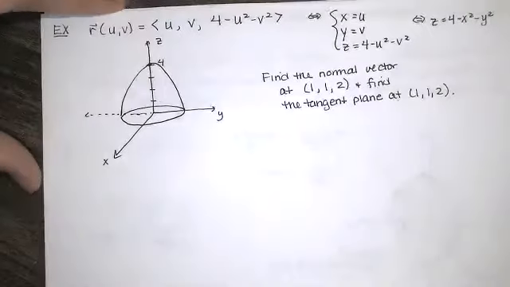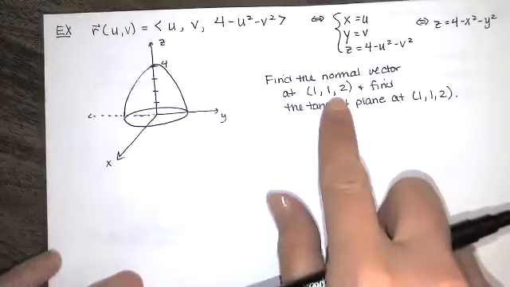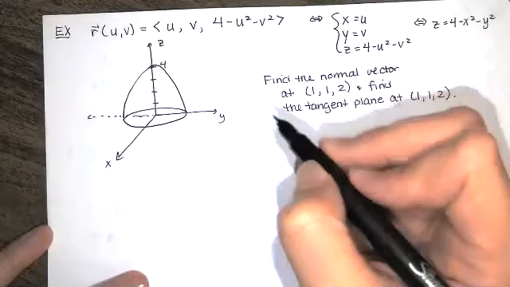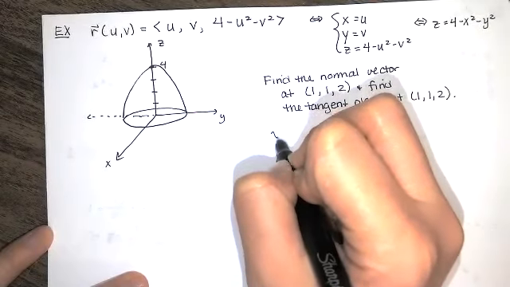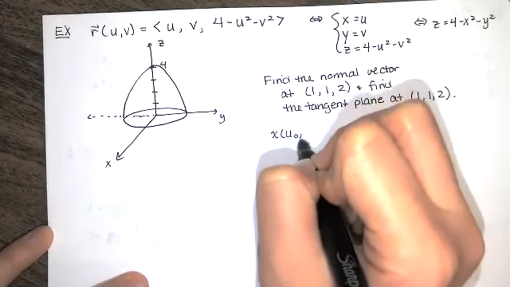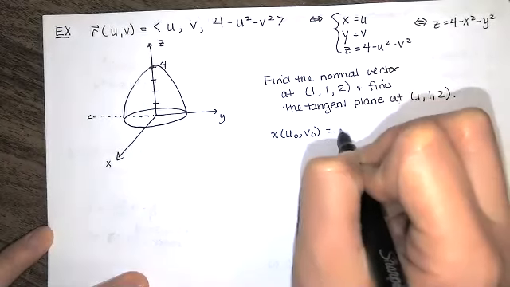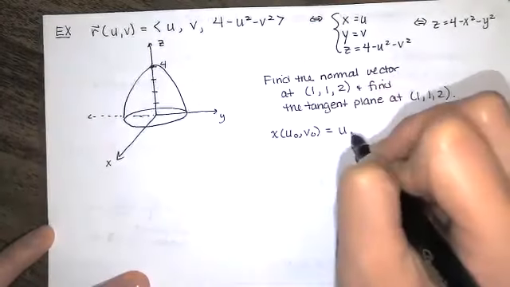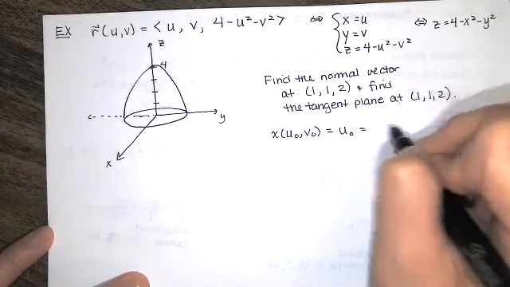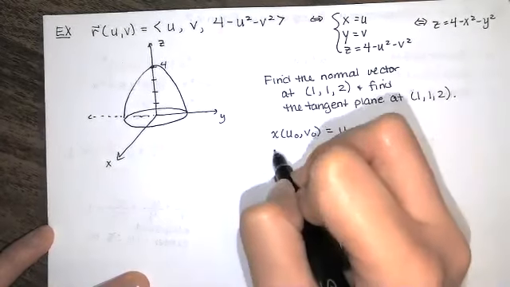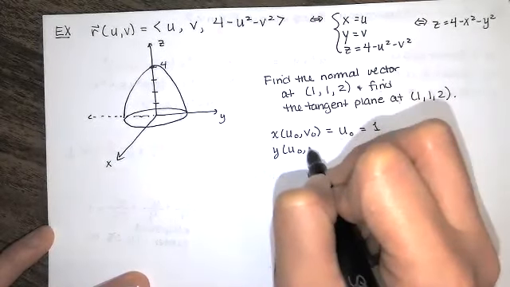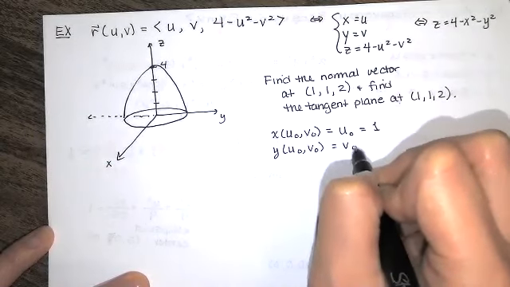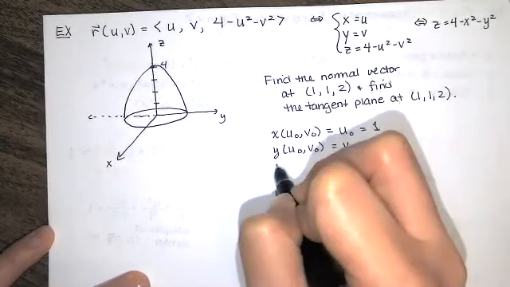So first, let's identify u naught and v naught. They're giving us x, y, and z. So x of u naught and v naught, which is u evaluated at u naught, that's going to be u naught, and the x value is equal to 1. Y of u naught and v naught, that's v naught, that's equal to 1.